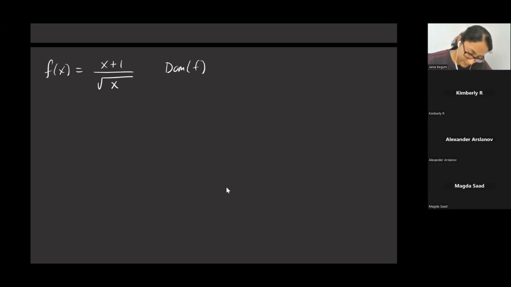The next part is to let f of x equal 2 over x plus 4, and determine the net change and the average rate of change between x equals 1 and x equals 2. So there are two separate questions; the second one is not related to the first one.